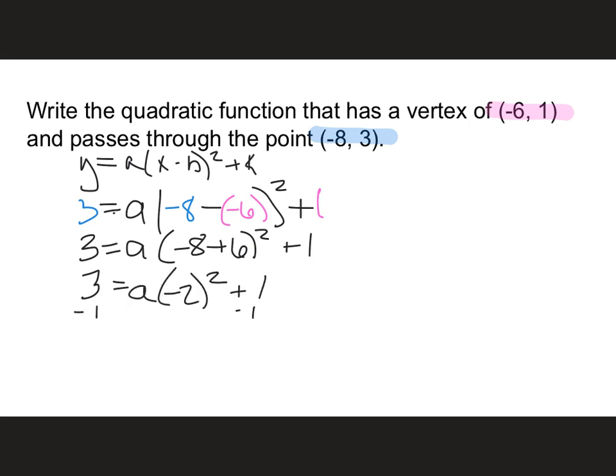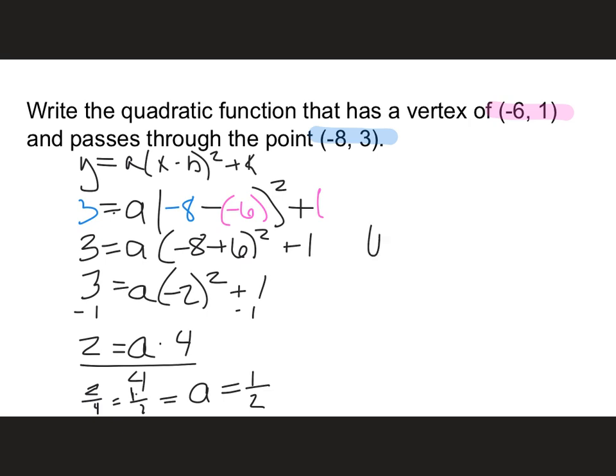I'm going to subtract my 1 from both sides. So 2 equals a times 4, and then divide by 4. So this would be 2 over 4, which would simplify to 1/2. So a equals 1/2.